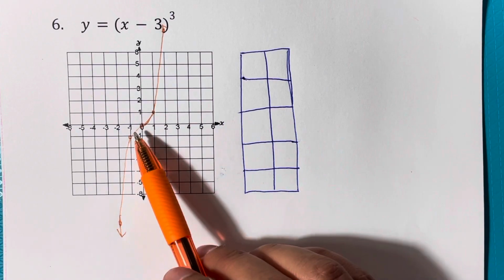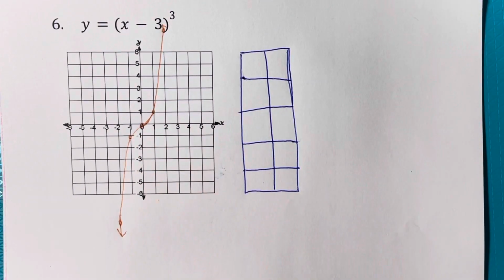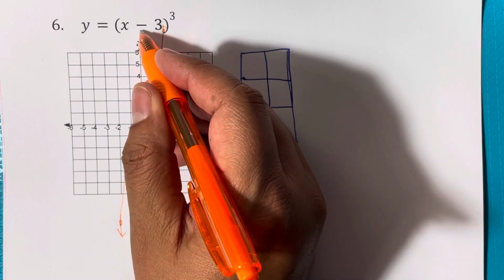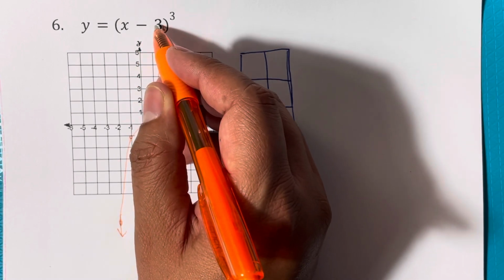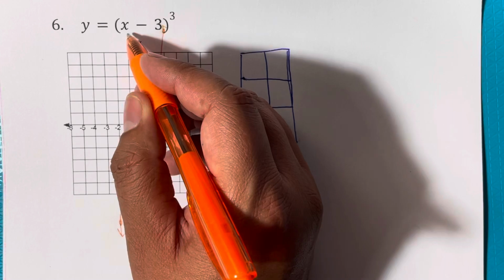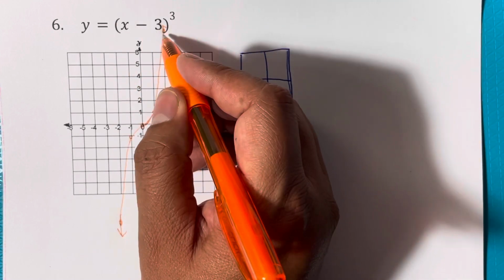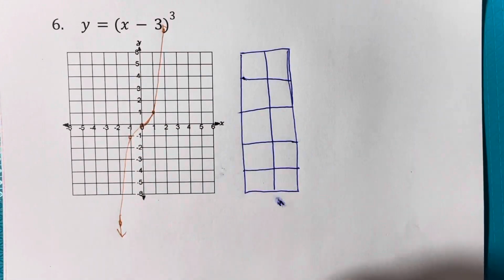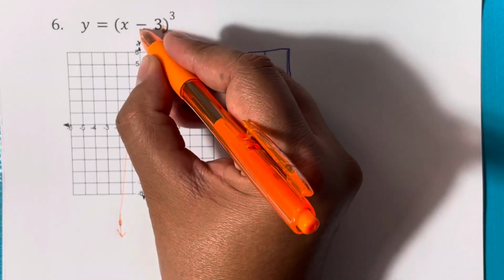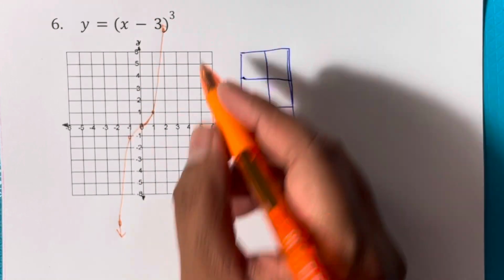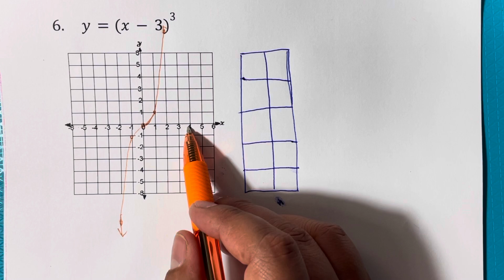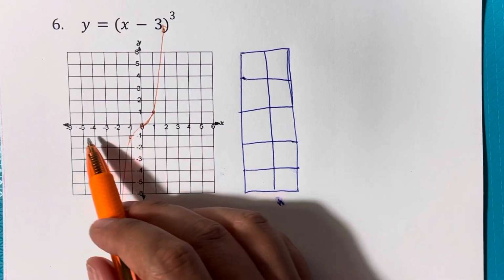For number 6, I already have the mother graph. And if you saw the 2 videos before this one, you will recall that whenever we're subtracting or adding inside of the symbols, in this case the parentheses, sometimes it's the absolute value, whichever it is, if you're subtracting or adding inside, that's a transformation, or translation, I should say, on x.